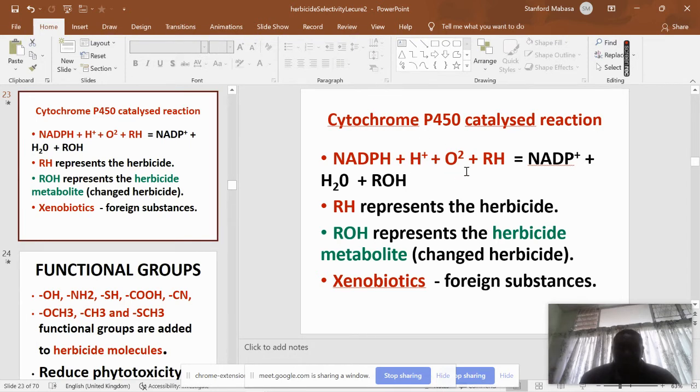Then the critical element is oxygen. Then we have the herbicide represented by RH. This reaction will drive to the right and cause the production of NADP plus water and an altered herbicide, which is now carrying an OH. So RH represents the herbicide, ROH represents the herbicide metabolite or changed herbicide.